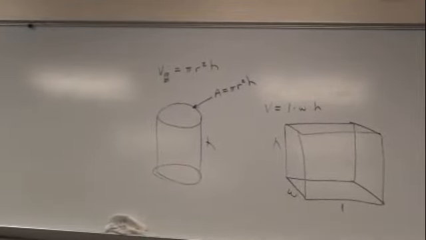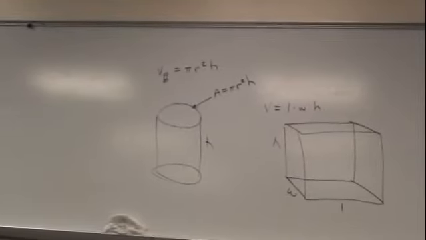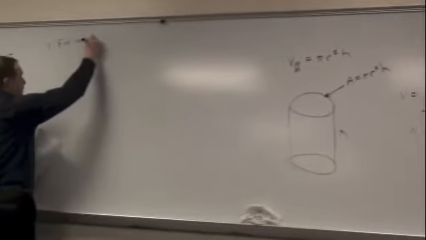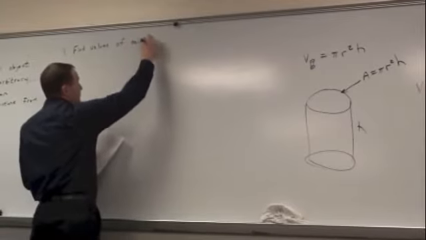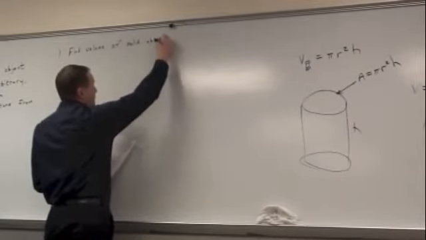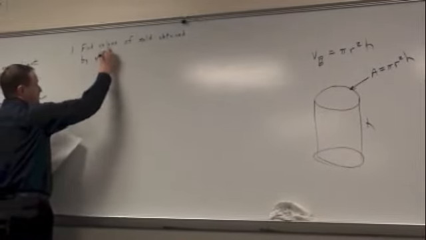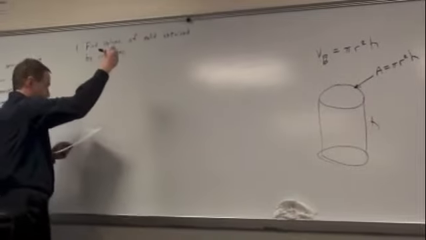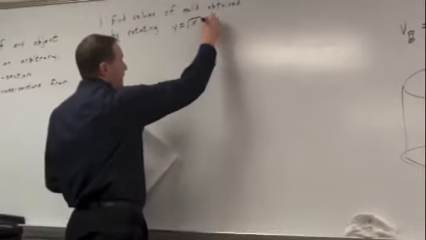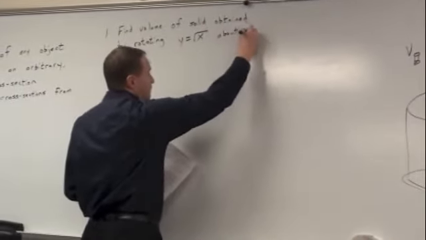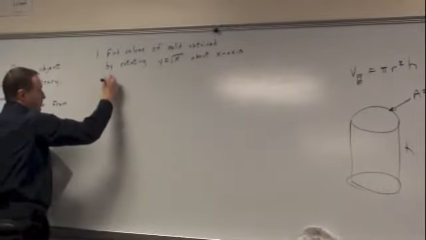I want us to find the volume of the solid obtained by rotating y equals the square root of x about the x-axis from x equals 0 to x equals 1.